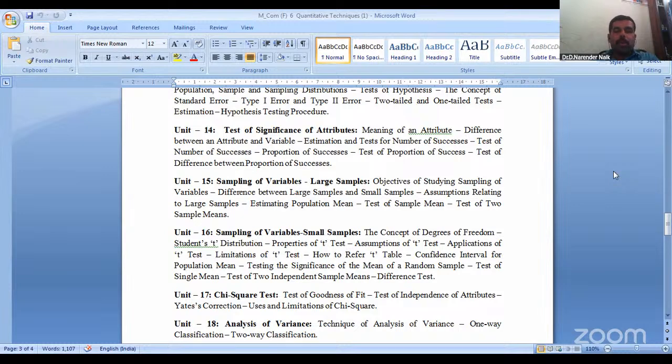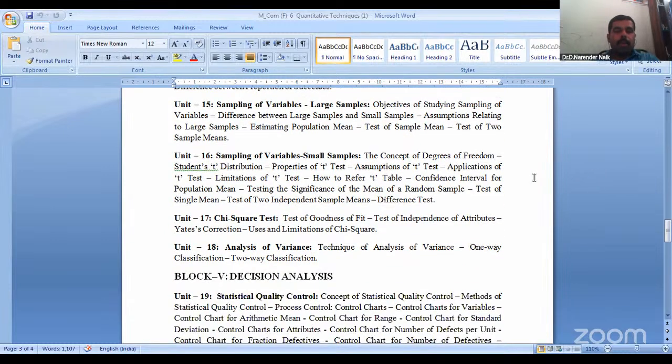Then properties of t-test, assumptions of t-test, applications of t-test, limitations of t-test, how to refer to the t-table, confidence interval for population mean, testing of significance of mean of a random sample, test of a single mean, test of two independent samples, and difference test.